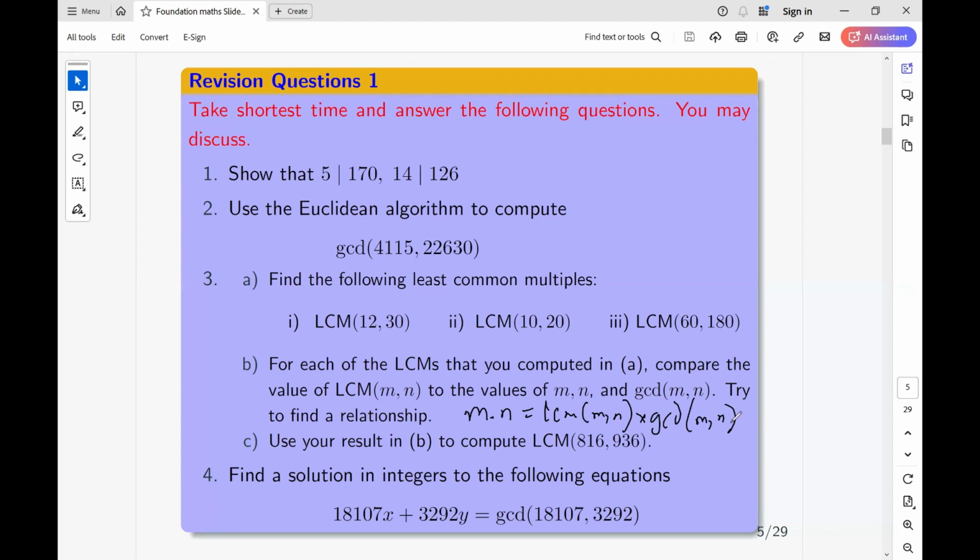That's the result that we found. So it's this result that they're asking us to use to compute the LCM of these two.